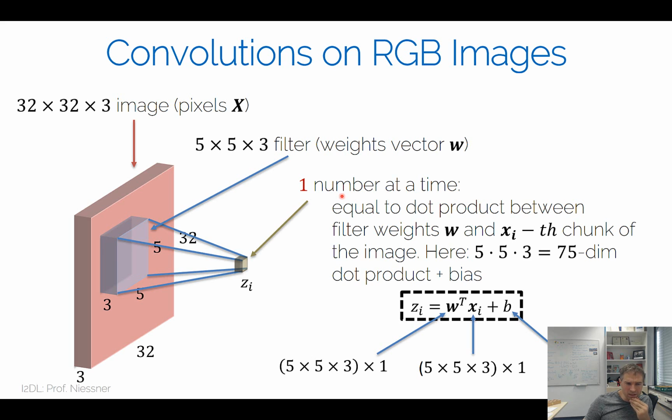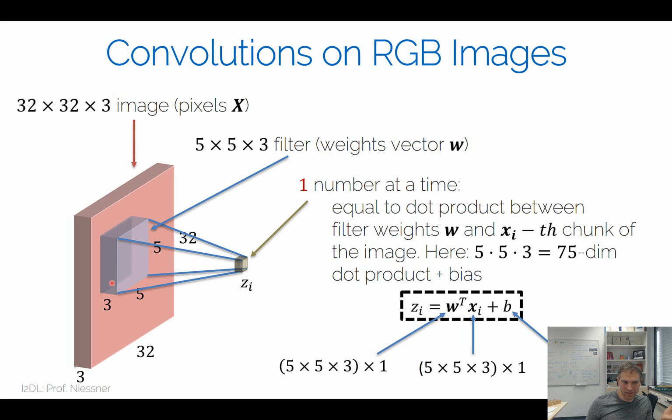And if we're running this, let's make it a little bit more mathematical. We have the input, this is the number of pixels here as input. We have our conv weights, which is our W. This is similar to what we had before, right? And we're computing one number at one time. So we have this z_i location here. And this is equal to the dot product between the filter weights W and the x_i-th chunk of the image.